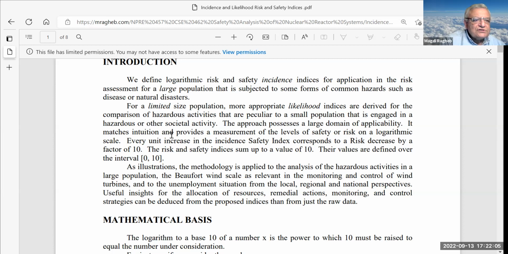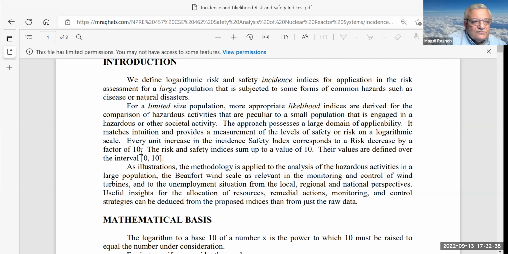It matches intuition and provides measurements of the level of safety or the level of risk on a logarithmic scale. Every unit increase in the incidence safety index corresponds to a risk decrease by a factor of 10. So in that case, we are using the logarithm to the base 10 rather than the logarithm to the base e, or 2.718, which is designated as ln for natural logarithm.